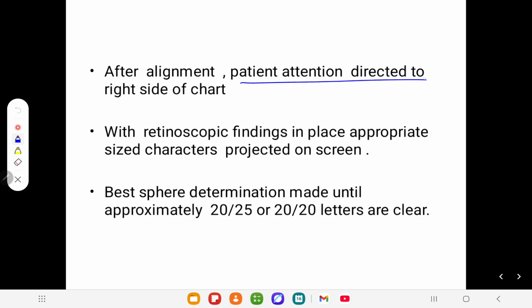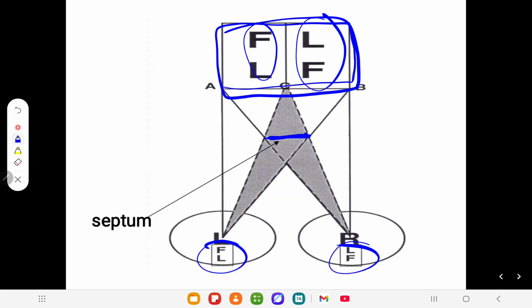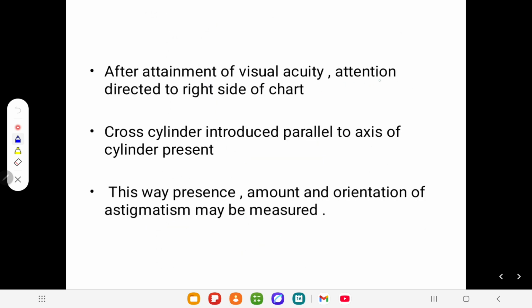After alignment, the patient is directed to the right side chart, with the retinoscopy finding, and appropriate characters are placed to project on the screen, and the best is determined until approximately the 6 to 9 size is the best fit. So the basic concept is this. Then the visual acuity is attended, directed to the right side of the chart, and the cross cylinder is introduced to pair. As in monocular refraction, the cross cylinder is introduced parallel to the axis for cylinder refinement.